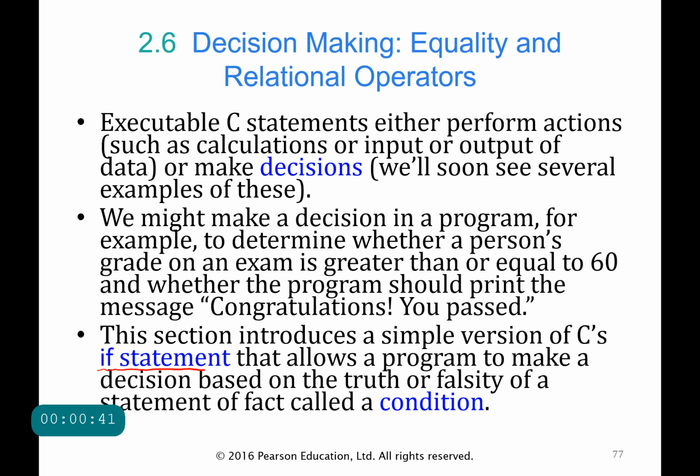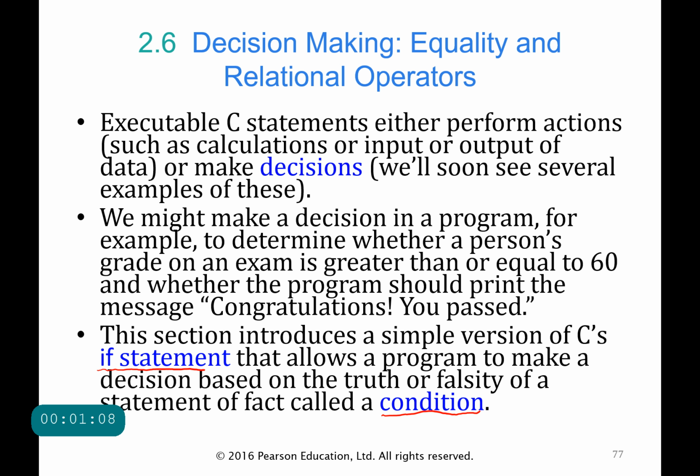and an if statement basically allows you to make a decision based on whether a given condition is true or false. Now, these conditions are binary conditions, so they have to be either true or false, and they cannot be anything else.